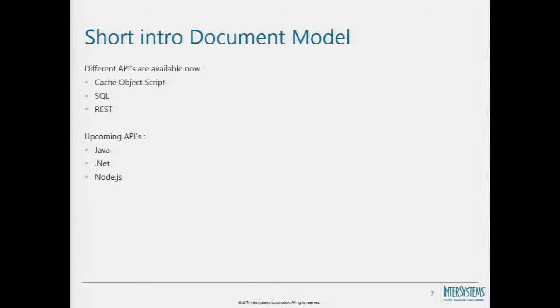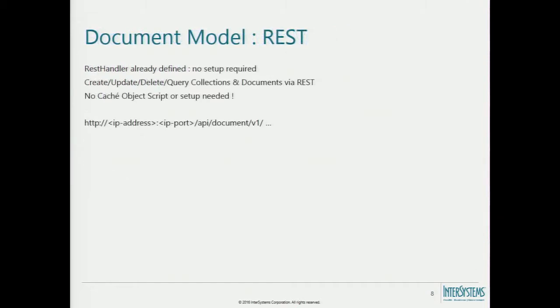I'm only going to talk about the REST API in this session. Upcoming APIs will be Java, .NET, Node.js. The moment you want to really make a full stack application where you also want to run JavaScript on a server, then you will also need Node.js. But I'm not going to talk about it right now because we only have 40 minutes.